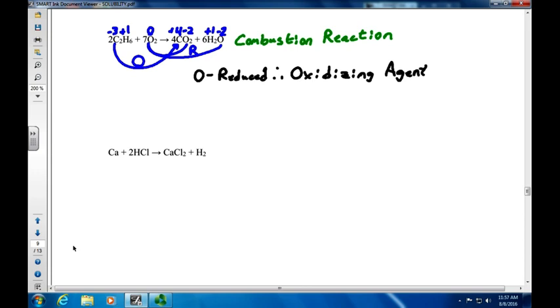And carbon is being oxidized, therefore it is the reducing agent. Let's do one more.